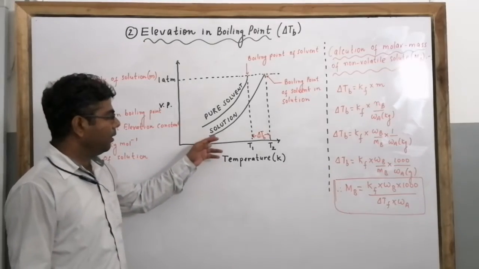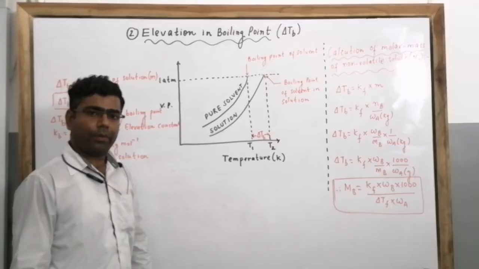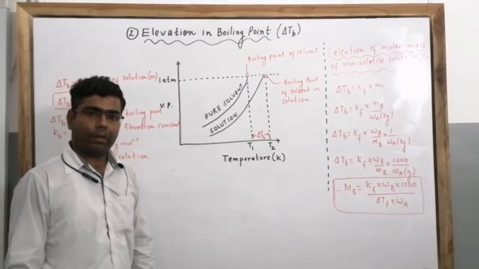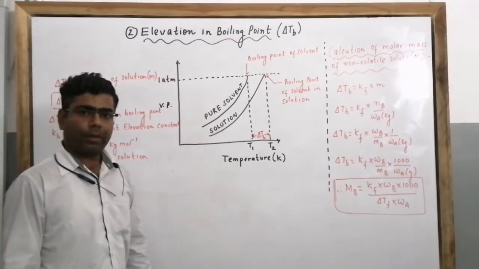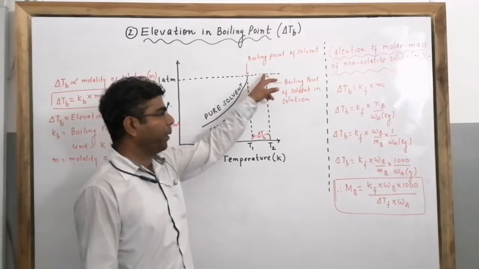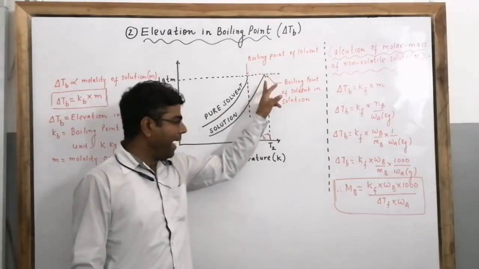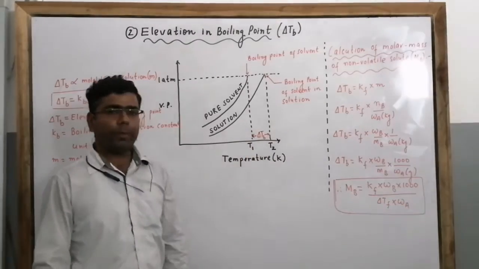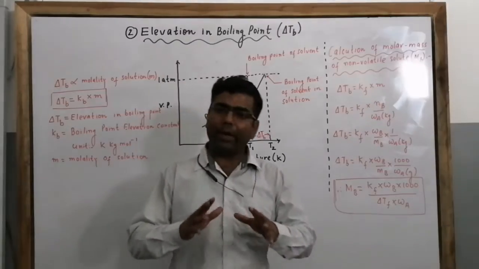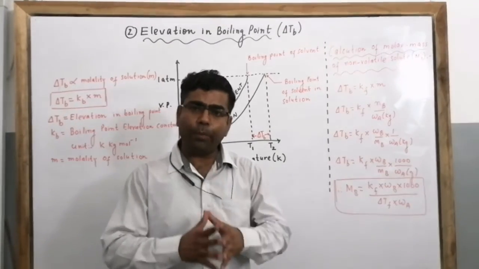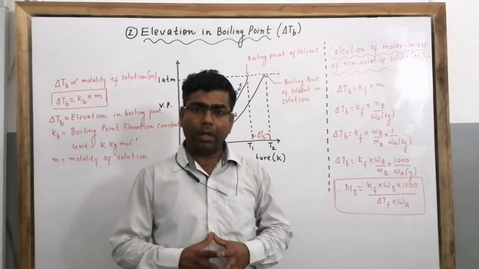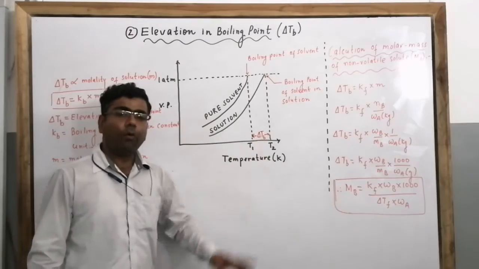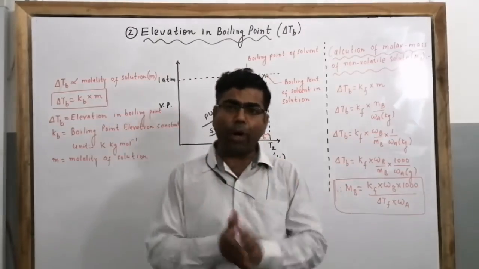So here is the graph between vapor pressure and temperature for the solution. For the solution, we get the maximum value of vapor pressure, that is 1 atm, at temperature T2. So this temperature T2 is the boiling point of the solvent in solution, or the boiling point of the solution. And the difference, T2 minus T1, is called delta Tb, which is the elevation in boiling point.